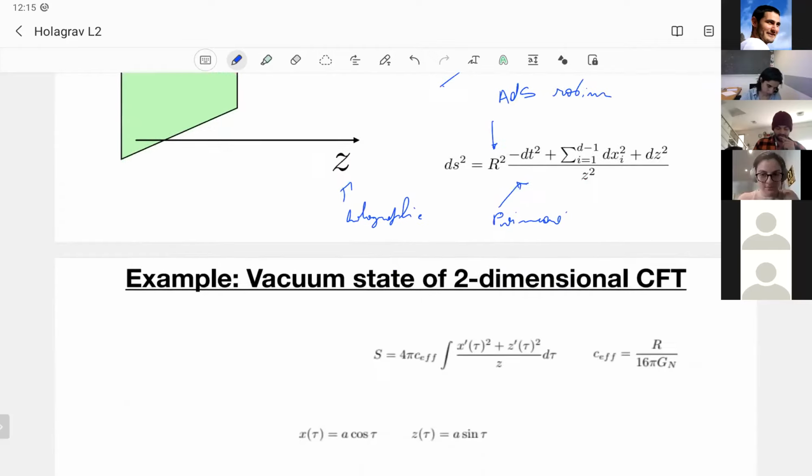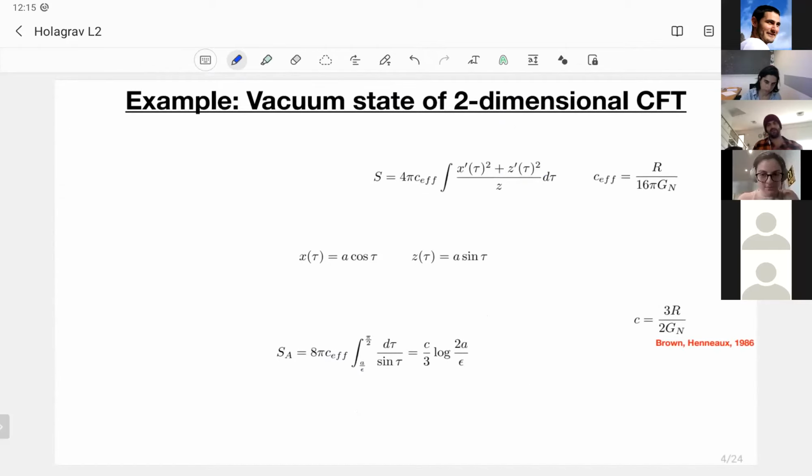One easy example is to compute in the vacuum state of a two-dimensional CFT. So we are here in AdS3/CFT2. The entanglement entropy for a segment, for example, is our favorite.